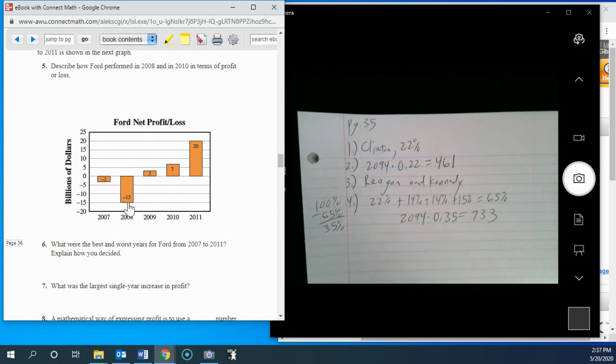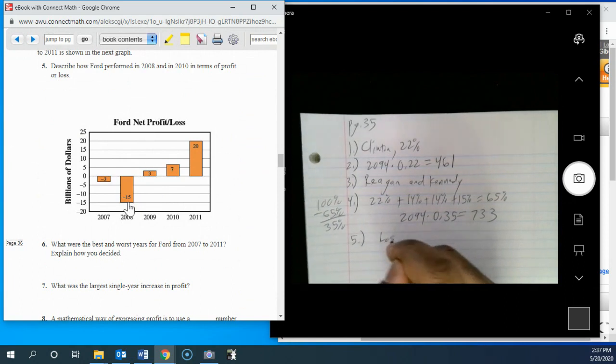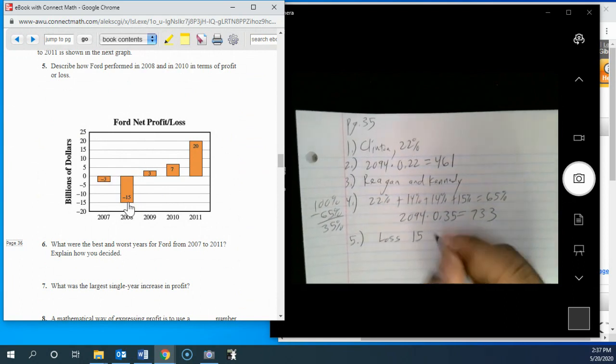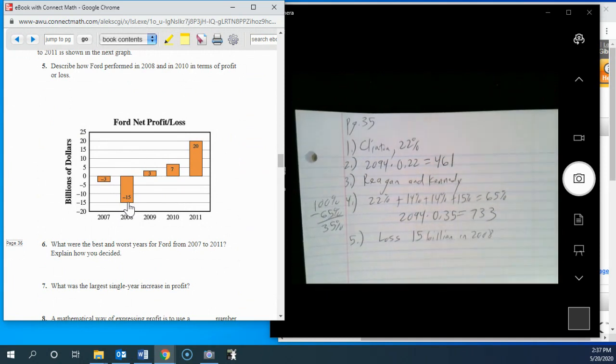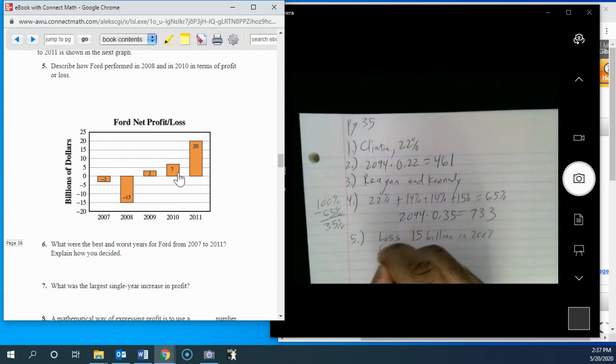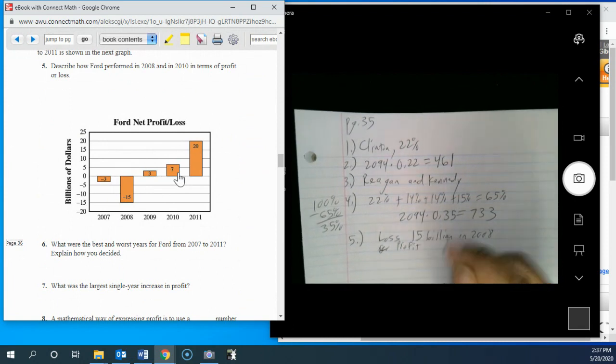It went a negative 15. So that means they lost 15 billion in 2008. Now they ask us for 2010. They had a gain, or we could say profit, of $7 billion in 2010.